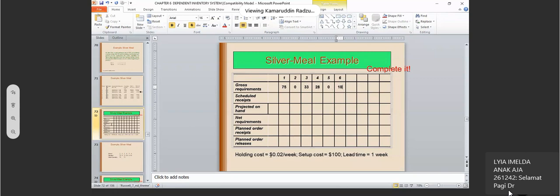We have information about the holding cost of 0.02 per period, the setup cost is 100, and the lead time we estimate as 1 week or 1 period. And we also have information about the unit price, which is 50 ringgit.